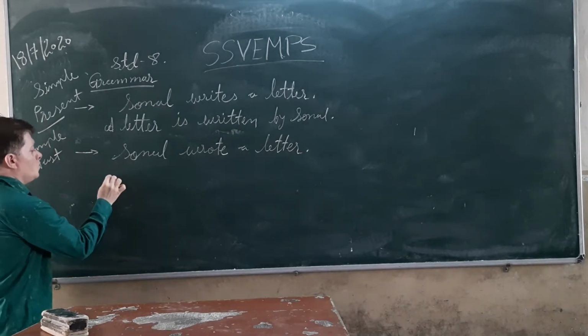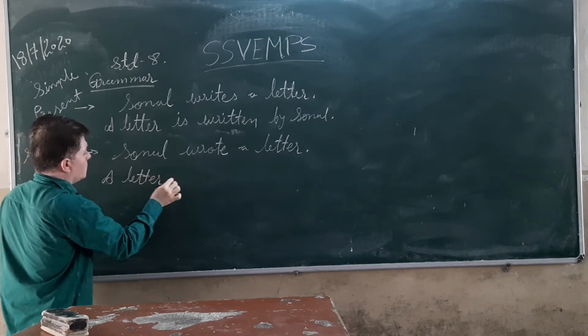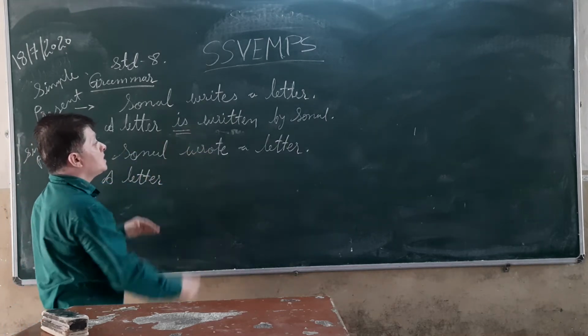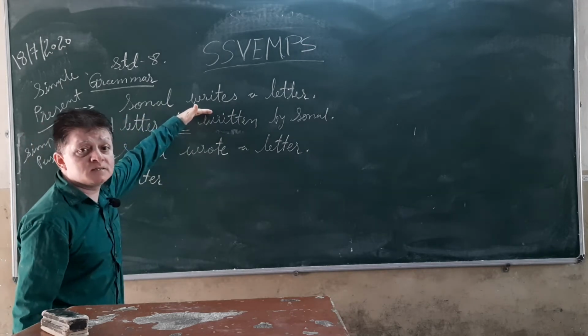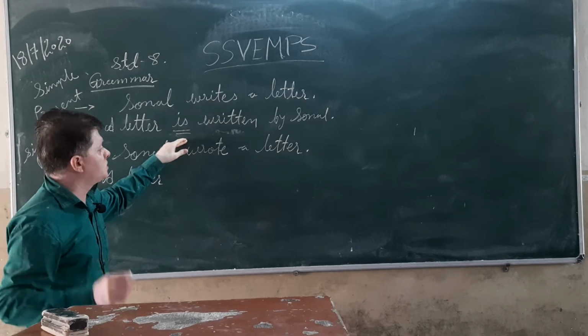So here we write it the same way, a letter. Now the form of to be. Whether the simple present tense is there, you have to use is, am, are as the form of to be, what I gave you in the previous video.